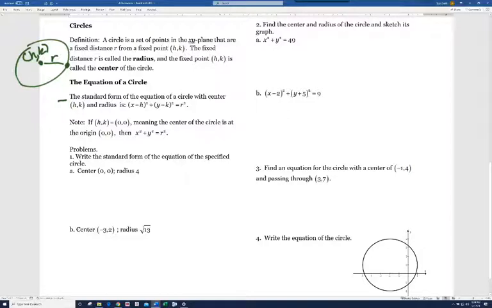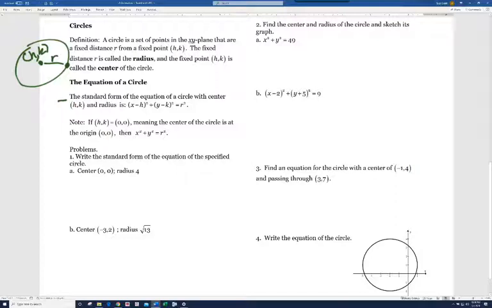And in fact, if your (h, k) is (0, 0), notice if you plug 0 into the formula, you would have a circle that's centered at the origin, and the equation in this case is x squared plus y squared equals r squared. Hopefully you can get a feel for the fact that this is just a result of the Pythagorean theorem, and it's basically the same kind of stuff we were looking at on the first page.